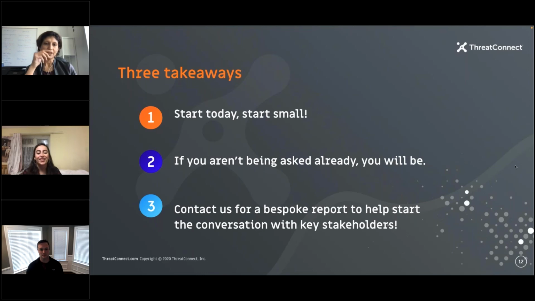Cool. And if you aren't already being asked about this, you will be. One of the things I wanted to point out, I was reading a report released by the SEC in 2019, where they were talking about creating regulation and mandates for forcing organizations to have a more disciplined, quantitative approach when it comes to cyber risk.